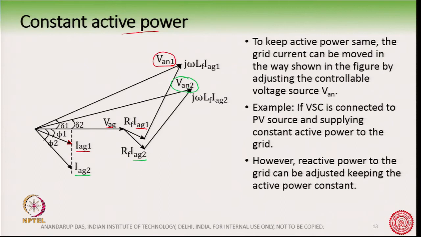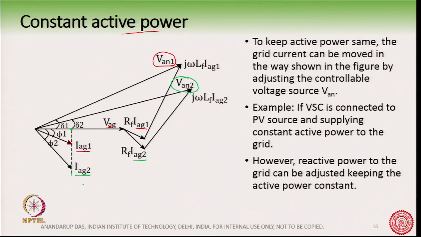So, these are the two voltages produced by the voltage source converter, but what is happening with respect to the grid current? Here you see that I am keeping the projection of IA on the x axis, or on the VAG axis, the same under both these conditions. What does this mean?